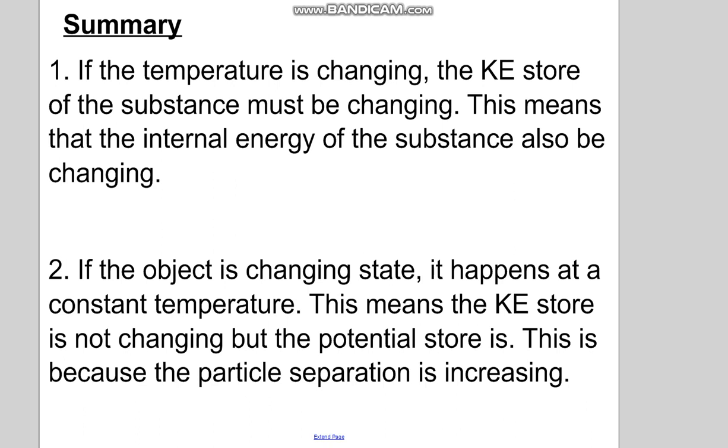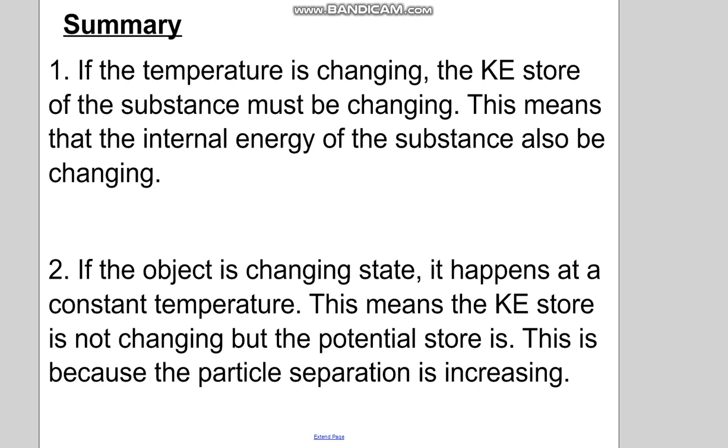So if the temperature is changing, the kinetic energy store of the substance must be changing. So if temperature is going up, the kinetic energy store must be going up, and the internal energy store must be going up. If an object is changing state, onto point 2, it happens at a constant temperature, and that means that there's no change to the kinetic energy store of the substance.